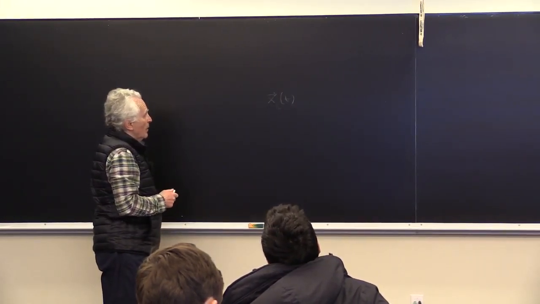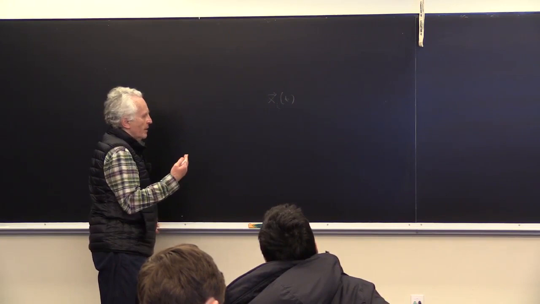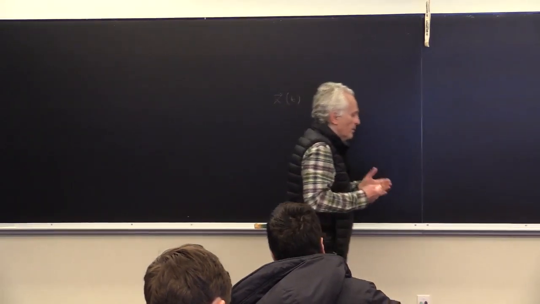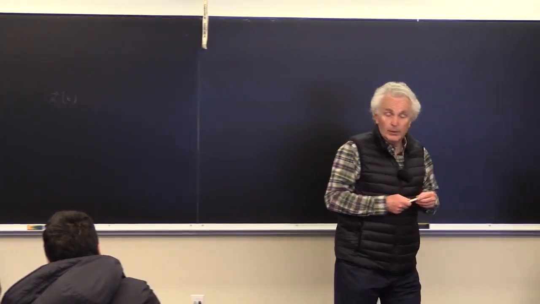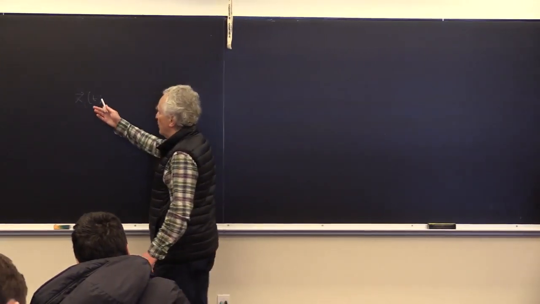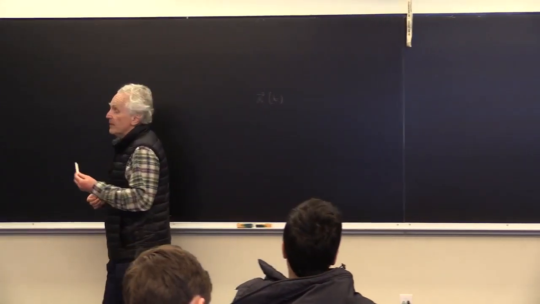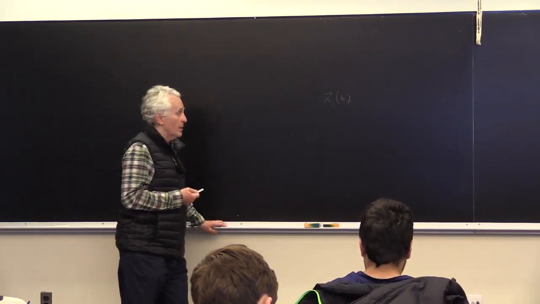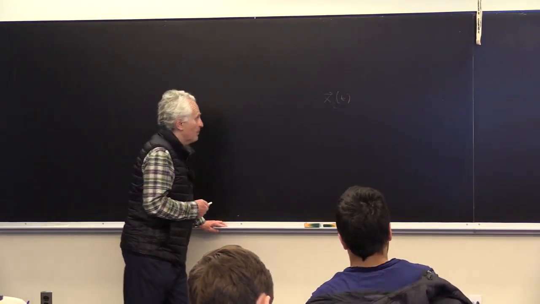And the problems of dynamics are twofold. First of all, we need to know the basic equations for these quantities. And secondly, we need to know how to solve these equations.